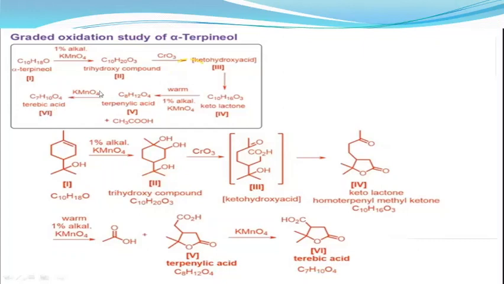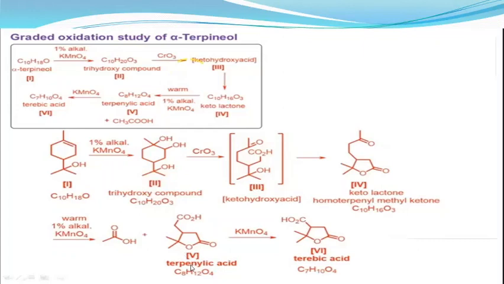These two compounds have been synthesized. On the basis of synthesis and chemical analysis, all these compounds have been isolated and analyzed, and finally we reach the following inferences. This is terebic acid, a cyclic lactone with C7 carbon atoms containing one carboxylic acid group.